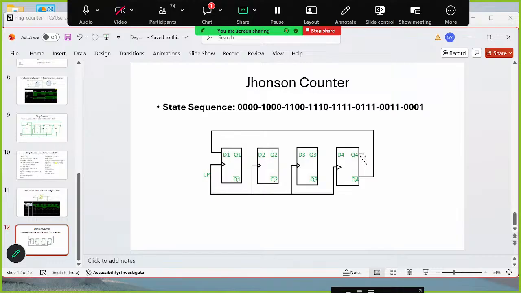So you can design the same Johnson counter using the same approach. Can you do that by yourself? Tell me, students, do you want to try by yourself?